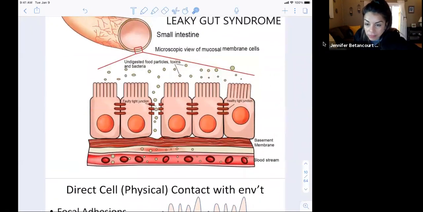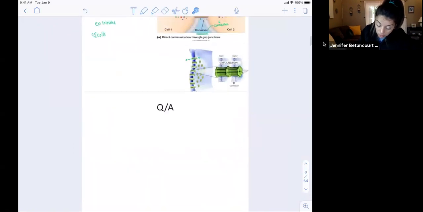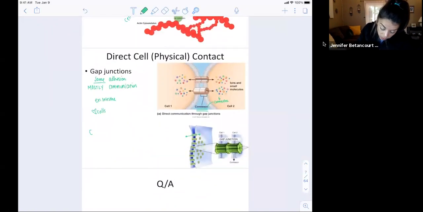Any questions? Can different types of cells have adherens junctions between them? Yeah, but it's not as common. Adhesion junctions, which include the tight junctions, the gap junctions, the adherens junctions, are usually going to be between cells of the same type, because cells of the same type need to stay together so they can function as a whole tissue.